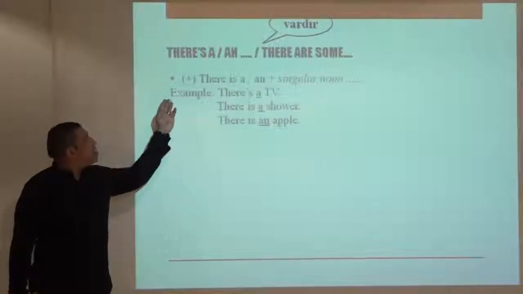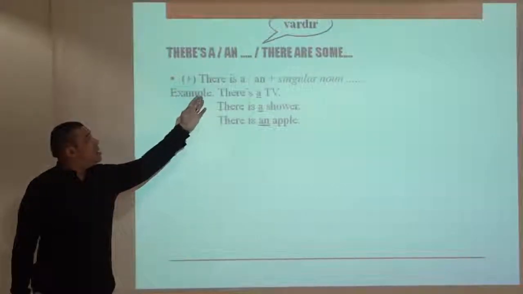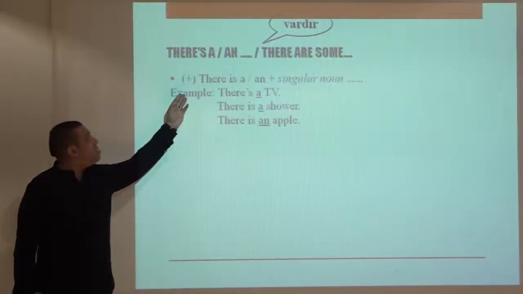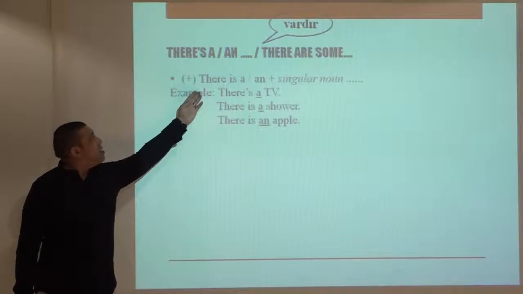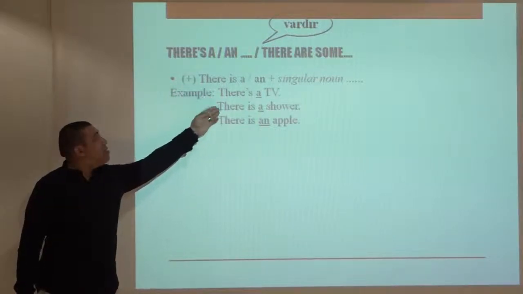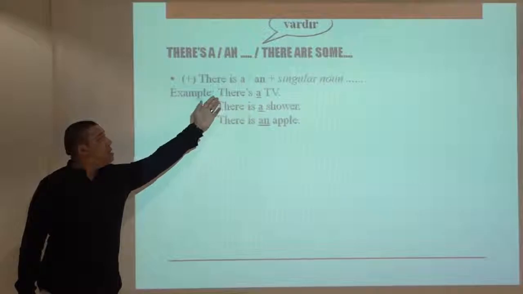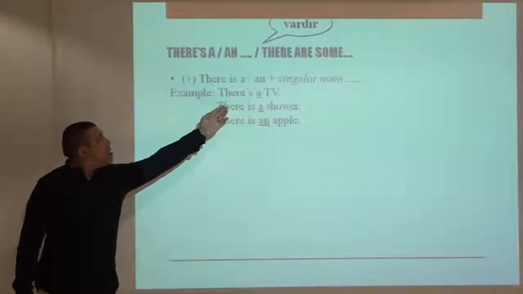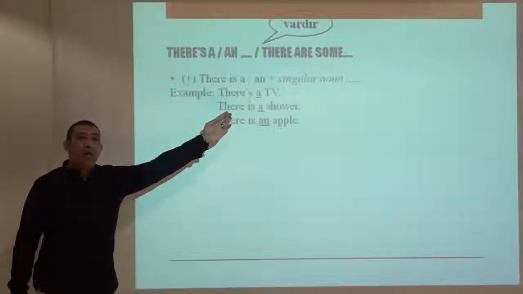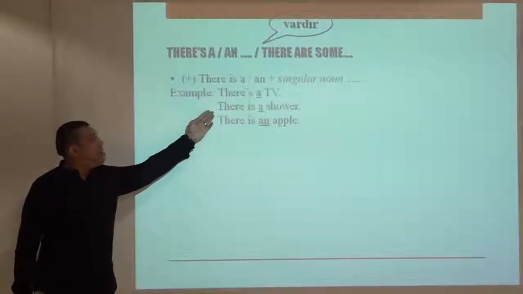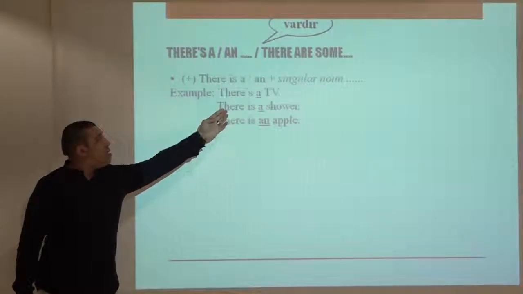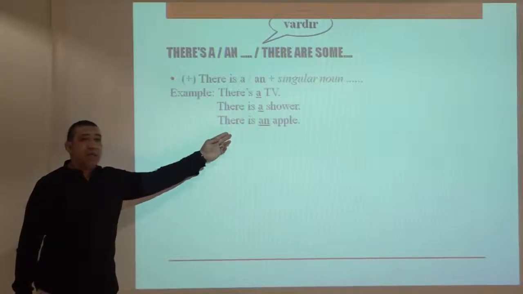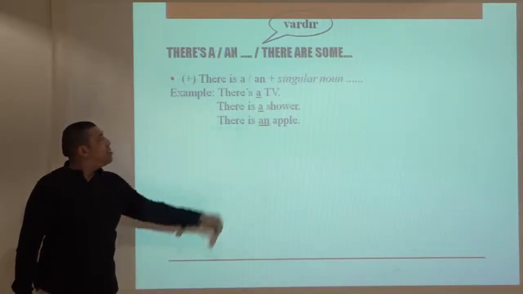Let's have a look at there is a, and there are now. When we have a positive statement, we say there is a, or sometimes an. When we have a vowel sound, we use an plus a singular noun. For example, there's a TV, there's a shower, or there is an apple.